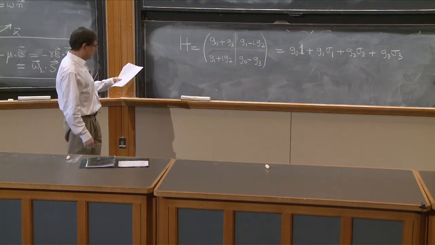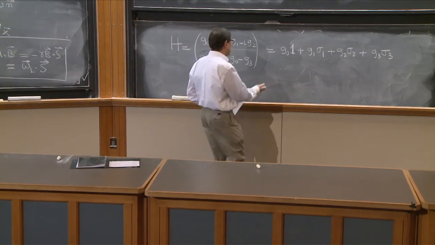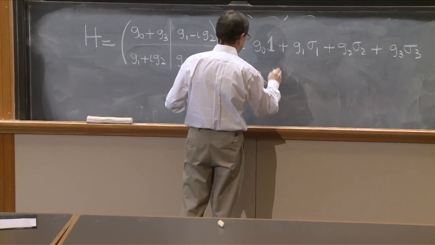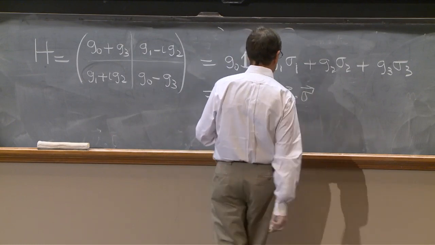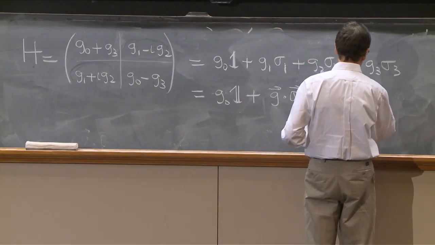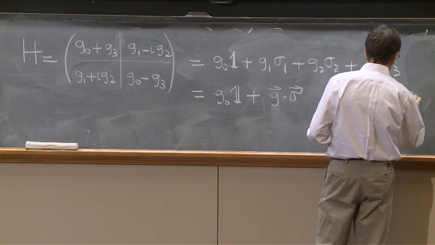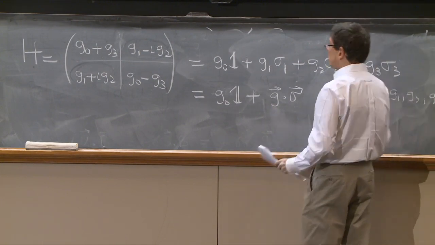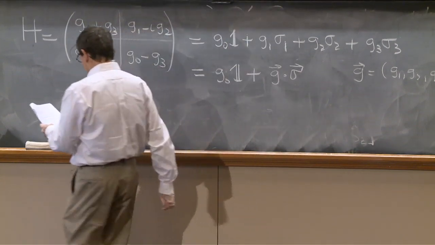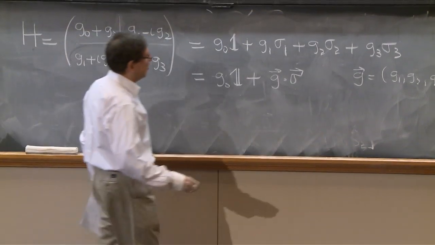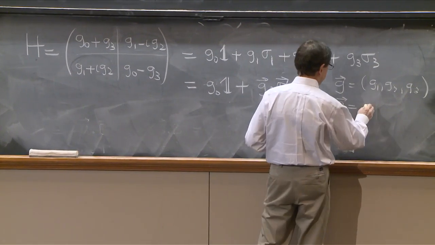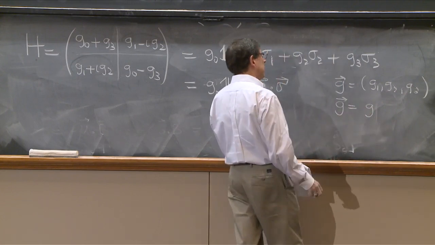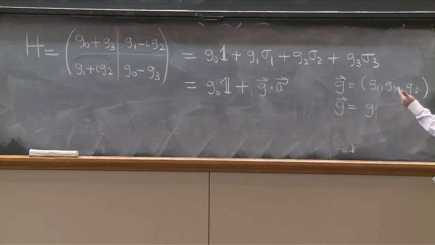So at this moment, we've got the most general Hamiltonian, and I will write it as G0 times 1 plus G vector dot sigma, where G vector is (G1, G2, G3). If we write the G vector as length of G, which is just the letter G, it shouldn't be confused because we have G0, G1, G2, G3, but we haven't had a G without an index.